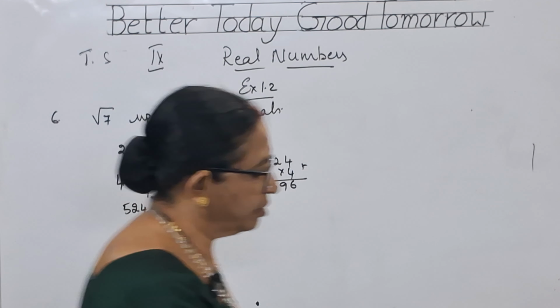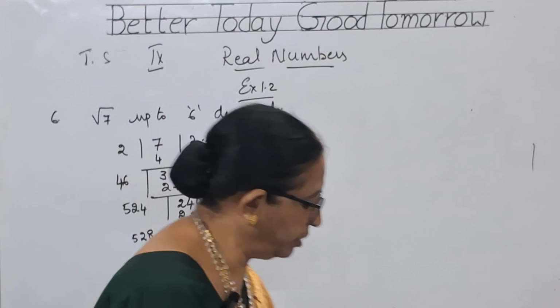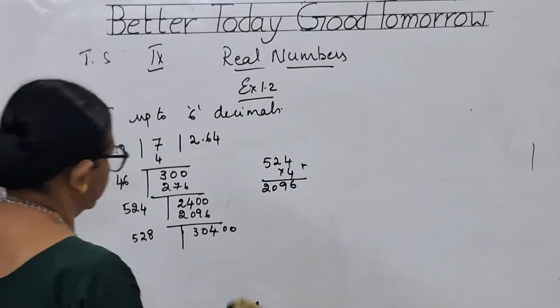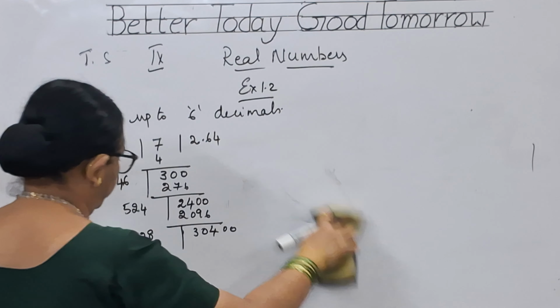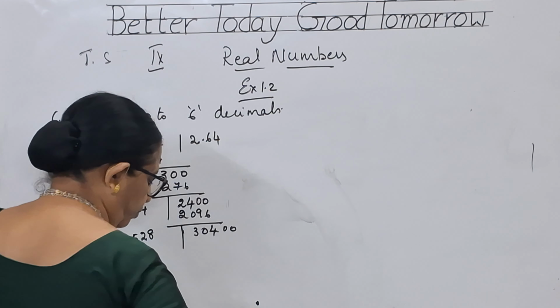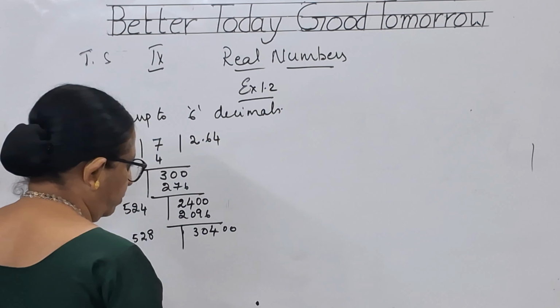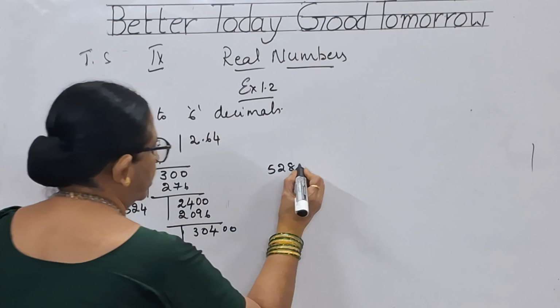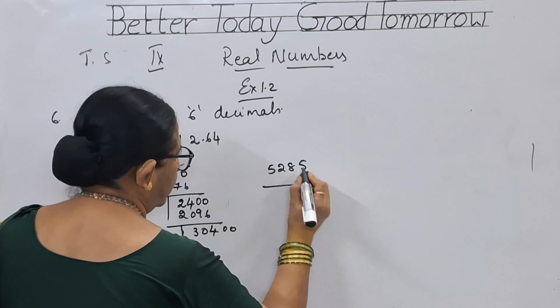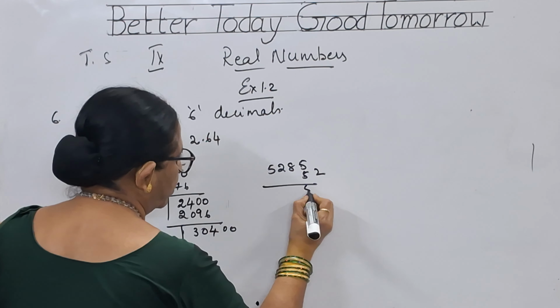Now what else will you be getting here? The next number: 5 5s are 25, so you take 5. 5 5s are 25, 5 8s are 40 to 42, 5 2s are 10 for 14, 5 5s are 25 and 26.